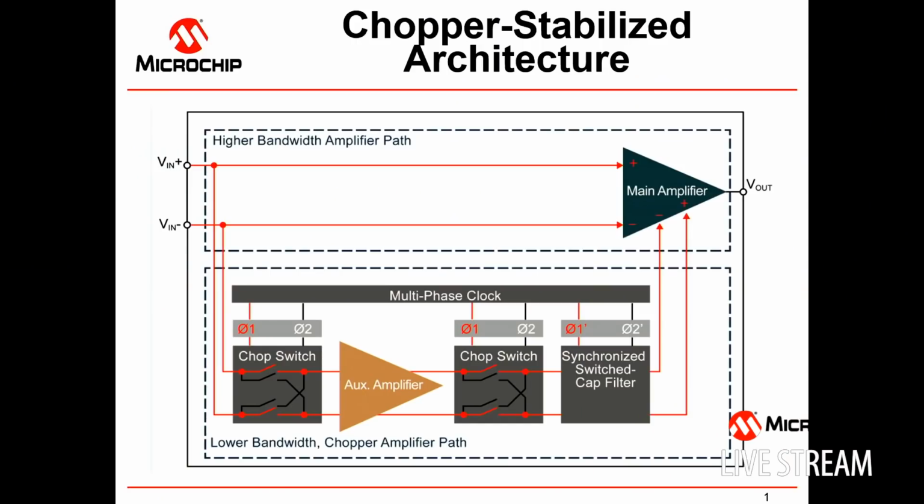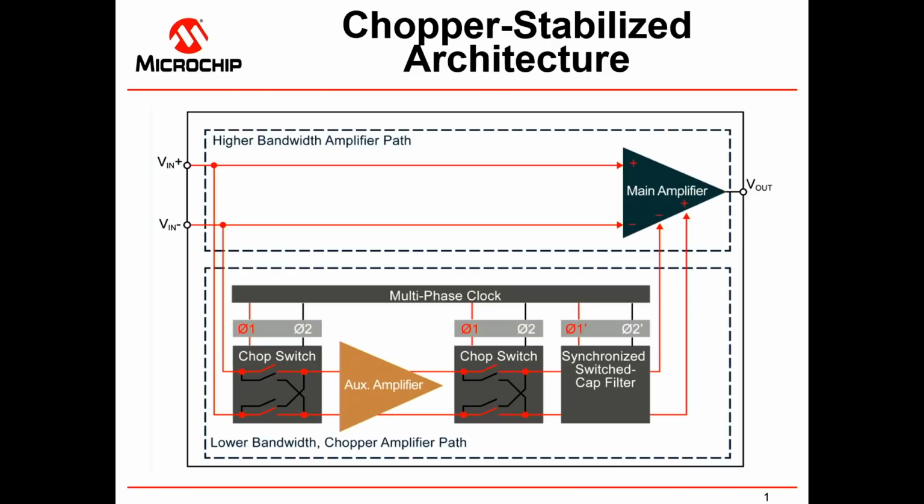Now let's quickly switch back to the slide. And the auxiliary amplifier is simply a high gain, slower amplifier that has a very high open loop gain that is needed to optimize for very low correction or very low offset at the output.